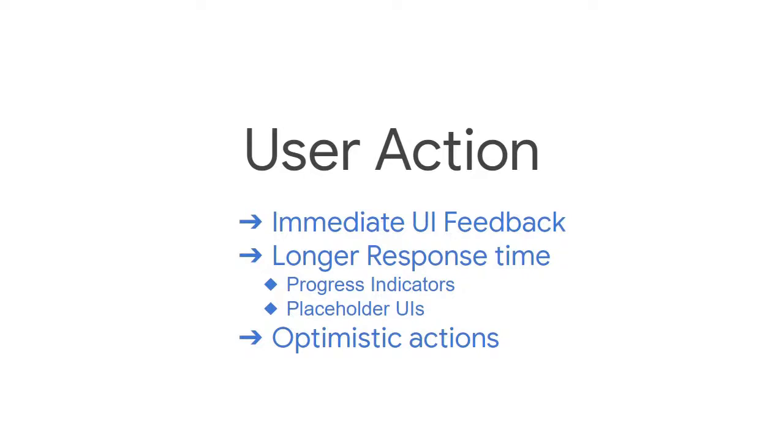You can use progress indicators like the loading sign I showed, or you can use placeholder UIs. We're going to talk about these two briefly, like how you can use progress indicators and placeholders. The other thing that you can do is do everything optimistically.